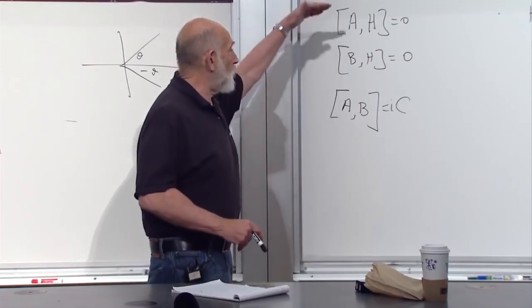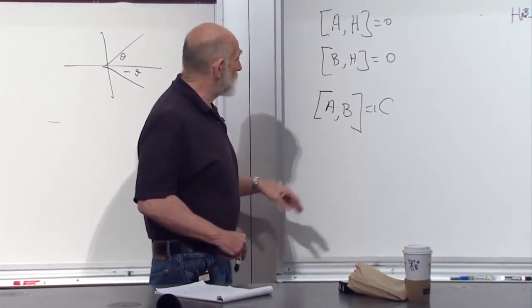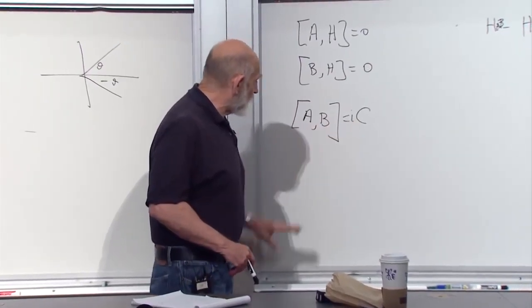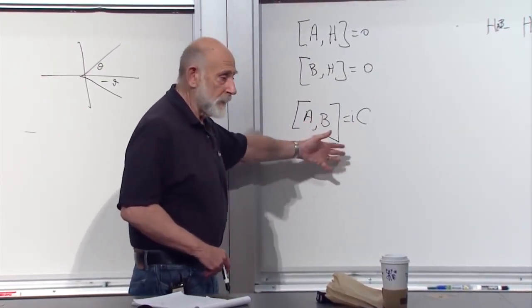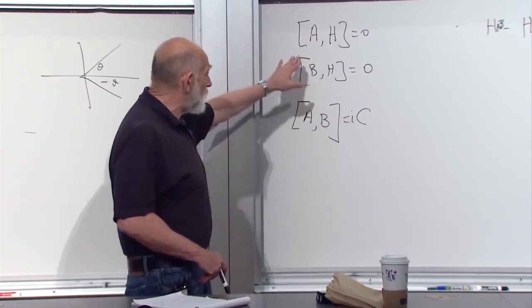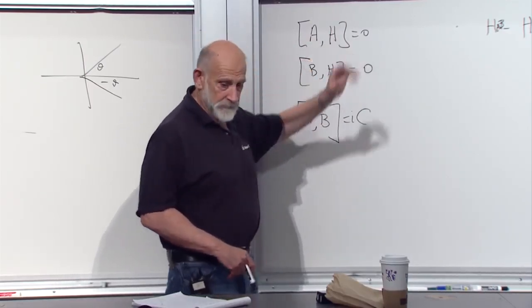And then you have what is called a commutator algebra. The commutator algebra includes the commutators of all the symmetries, and it includes the commutation relations with the Hamiltonian, which just say 0.